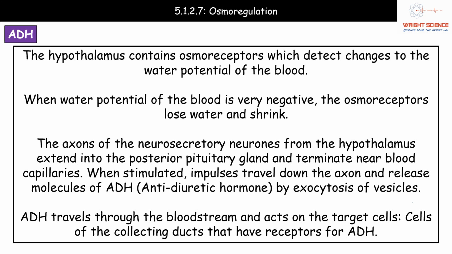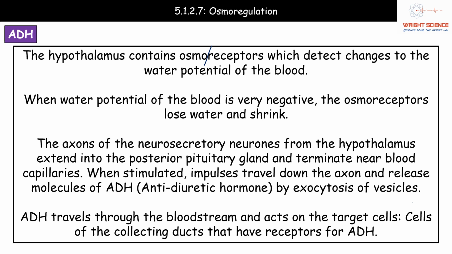The hypothalamus then contains its receptors, and they're called osmoreceptors. If we break that word down into the two, receptor, obviously, means cells that detect a stimulus of some form, in this case, changing water potential, and osmo, as we've already established, relates to water potential itself. So osmoreceptors are cells that detect a change in the water potential.